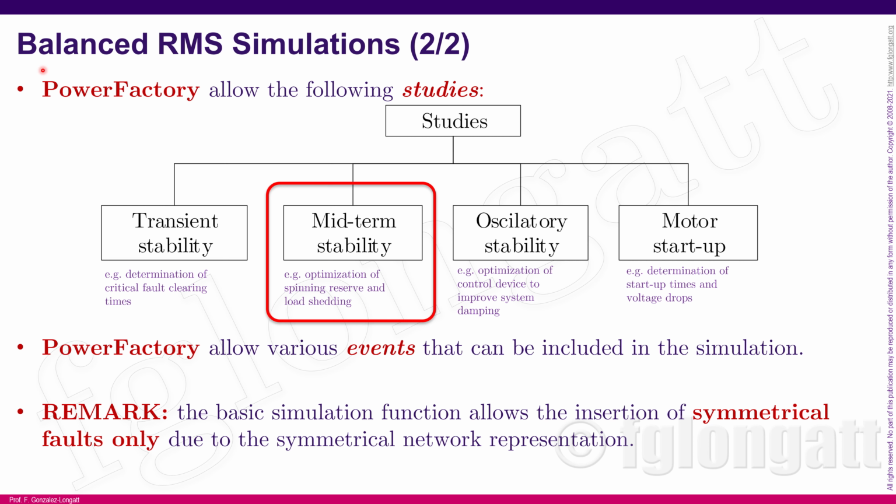Power Factory has the possibility of including many studies: transient stability, midterm stability, oscillatory stability, motor startup, many things. If you go to my video about the overview of DIgSILENT Power Factory, you will see many other features.